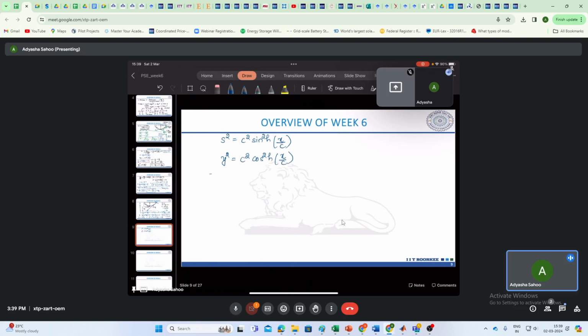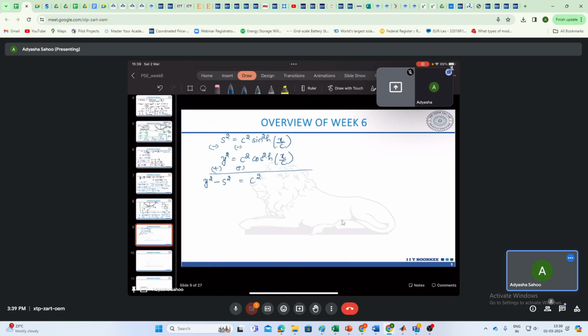So if I subtract these, y square minus s square I'll be getting as c square, because cos hyperbolic square minus sine hyperbolic square you will get as 1.